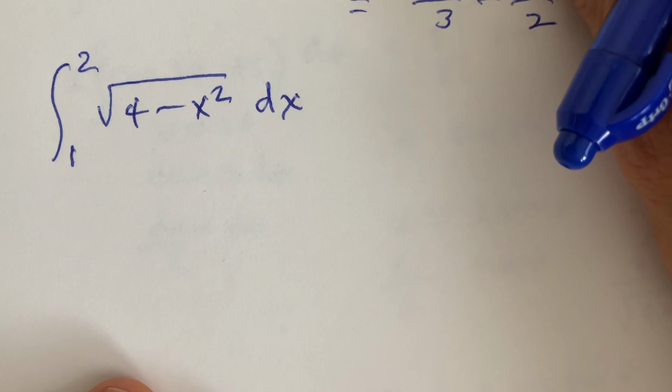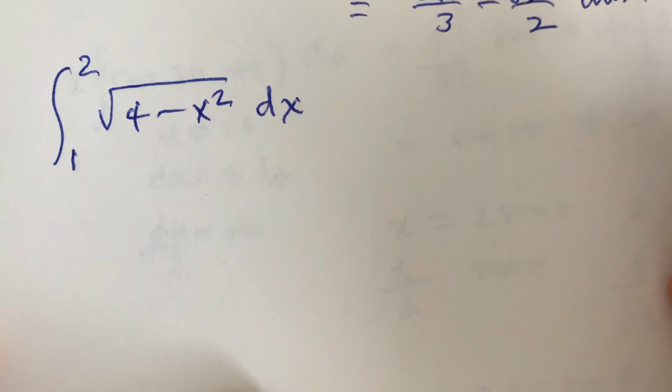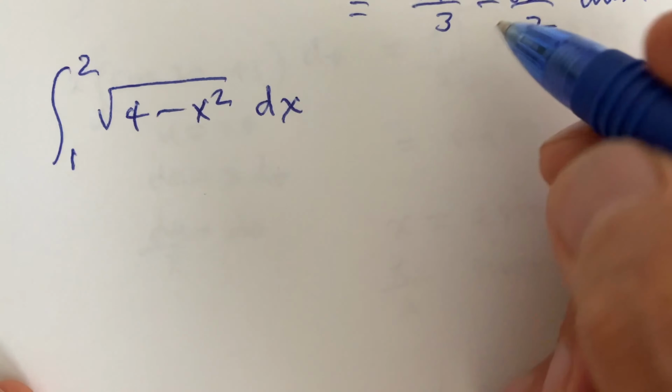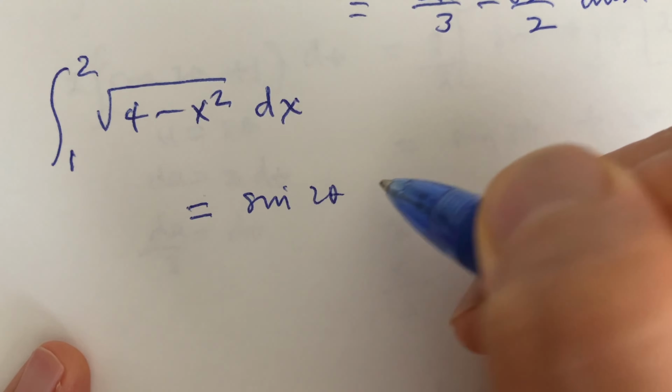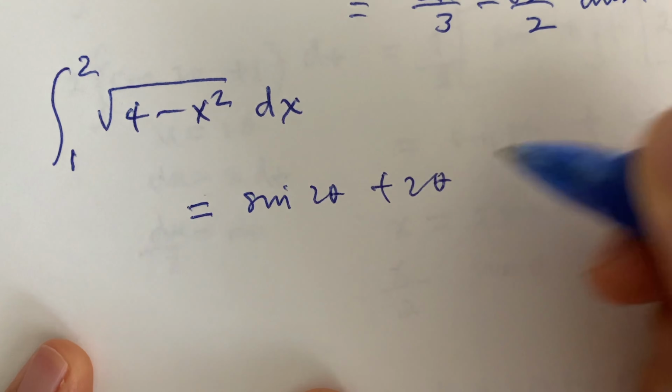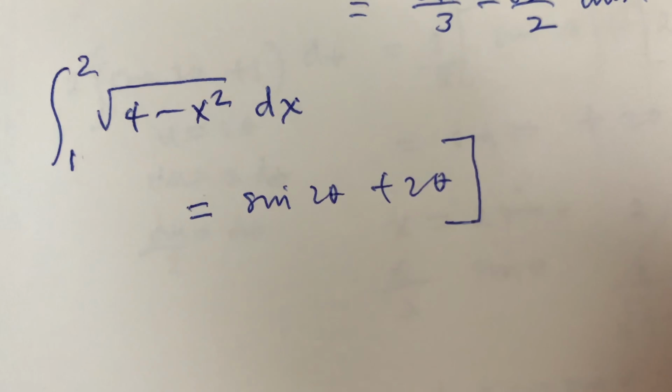So what I'm going to do is rewrite the limits in terms of theta. We know that our answer earlier was sine 2 theta plus 2 theta, and we will evaluate this using limits involving theta. How do we do that?